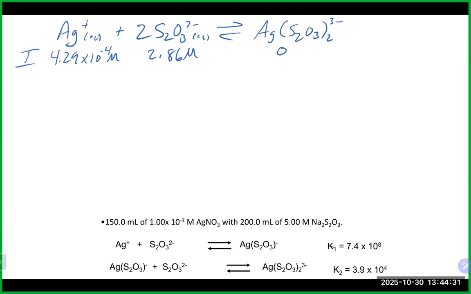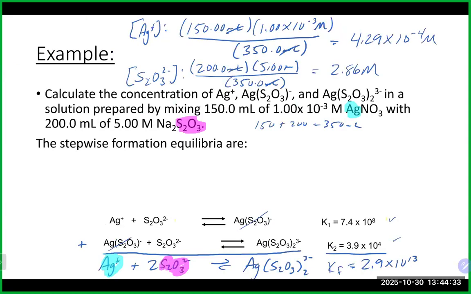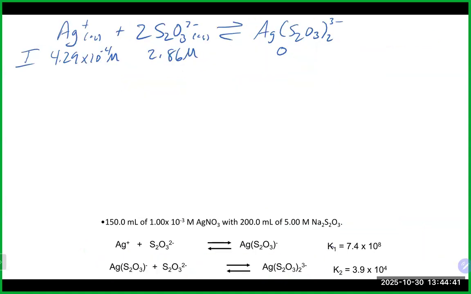Once again, as we saw with our KF value that we calculated, it is a large value for KF, so we can make our assumption like we talked about previously. We're going to assume all the silver gets used up.